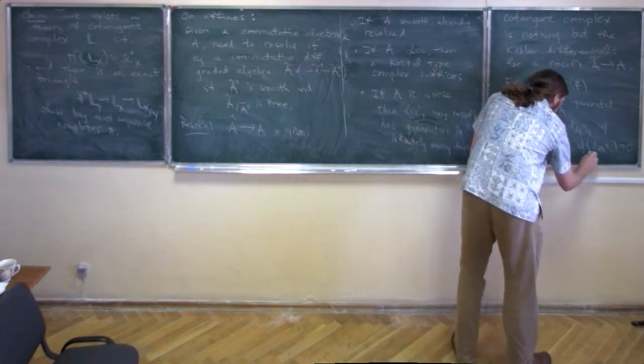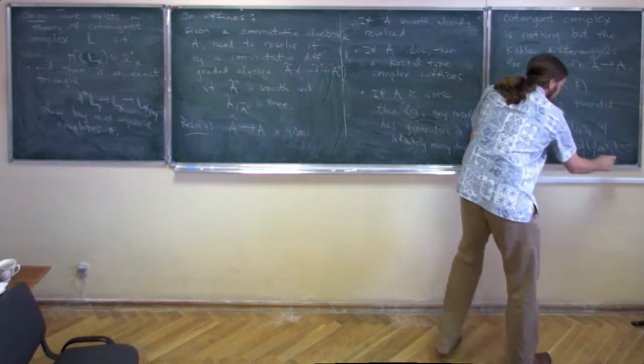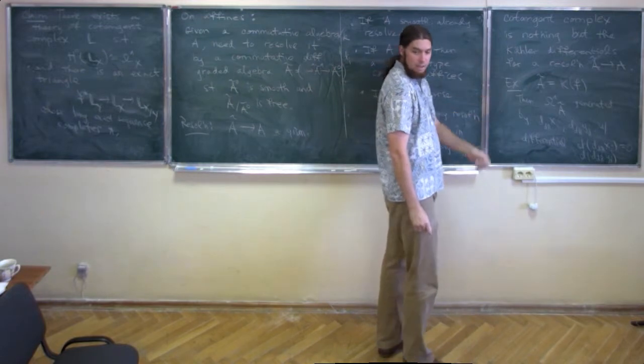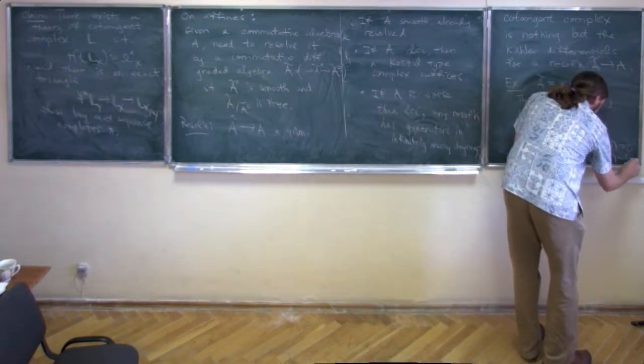And d of the other generator, I just replace y_i with f_i, which is what d sends y_i to. So I get the differential of f_i.